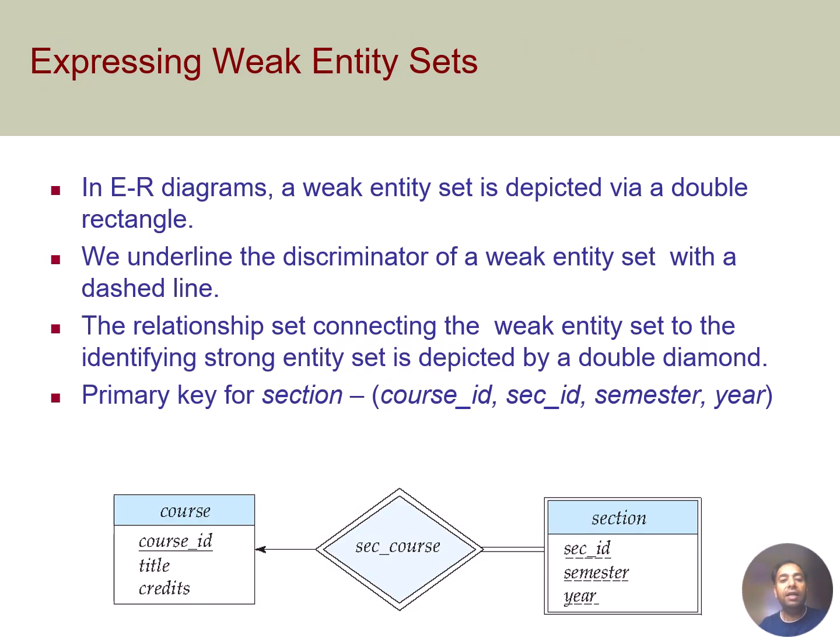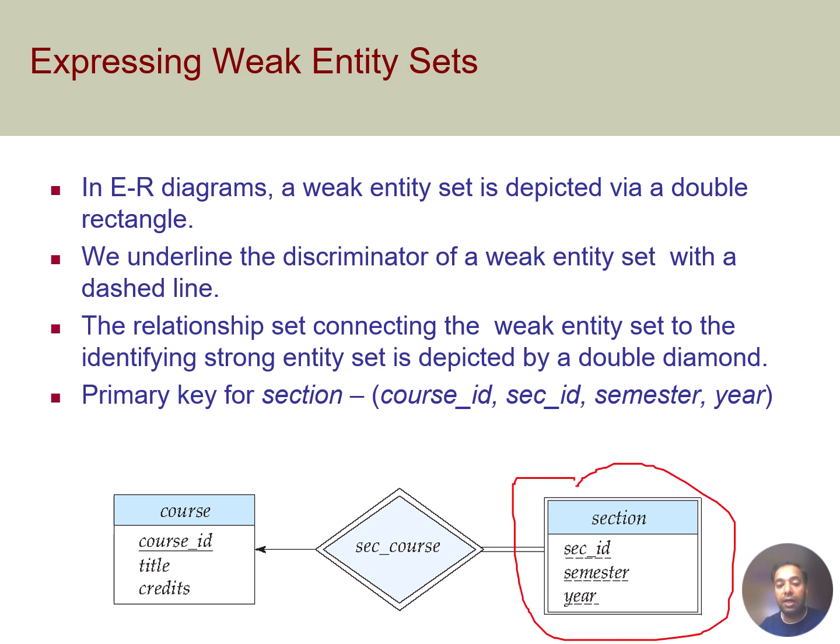A weak entity can't be uniquely identified on its own. It relies on a strong entity for its identity, like a section depending on a course. In a diagram, weak entities are shown with a double rectangle, like we are showing here.